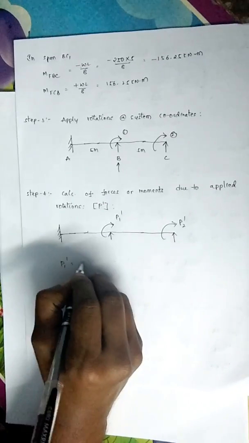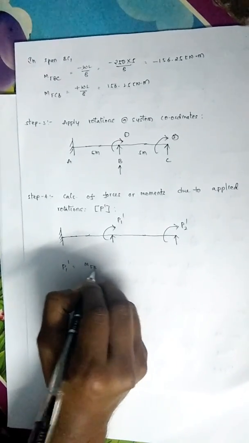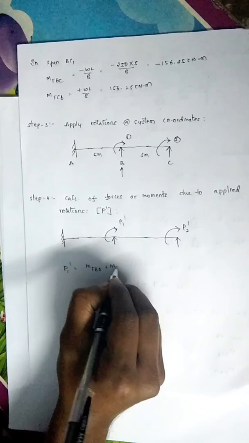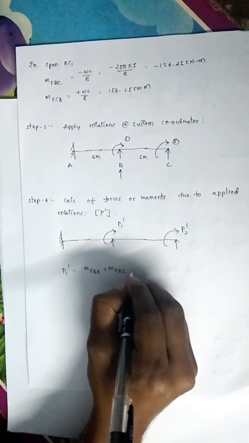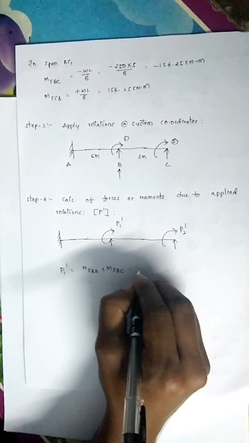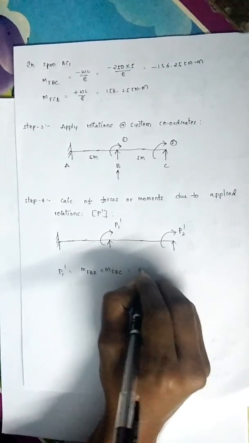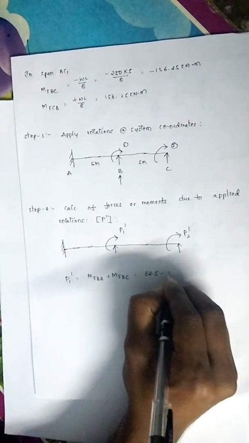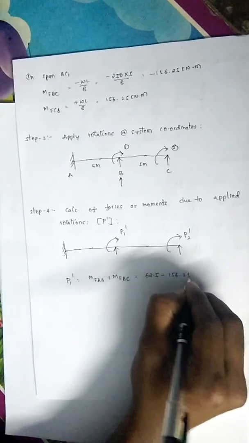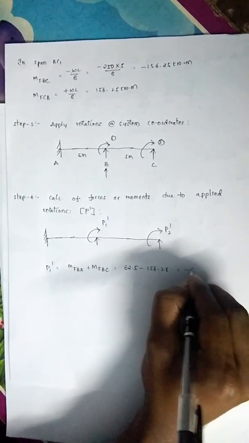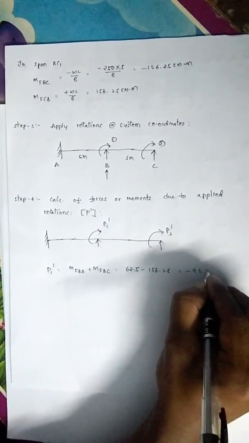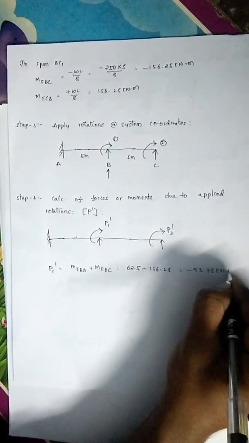Now P1 dash means MF BA plus MF BC. What is MF BA? 62.5 minus 156.25, which equals minus 93.75 kilonewton meter.